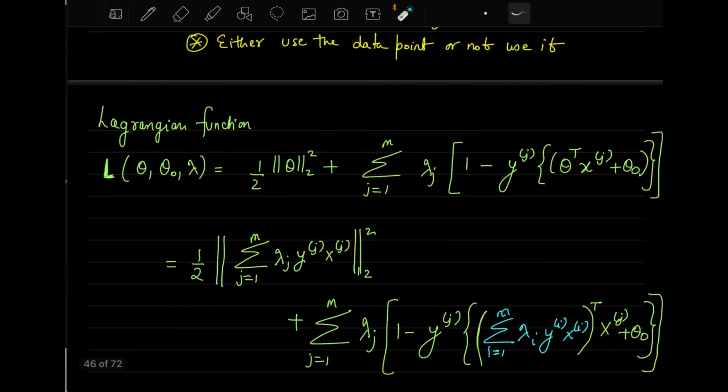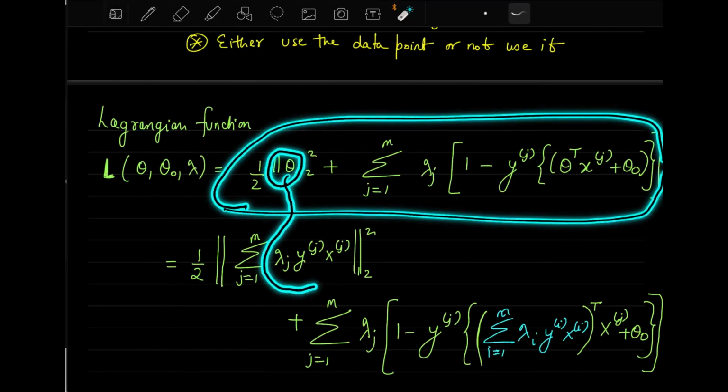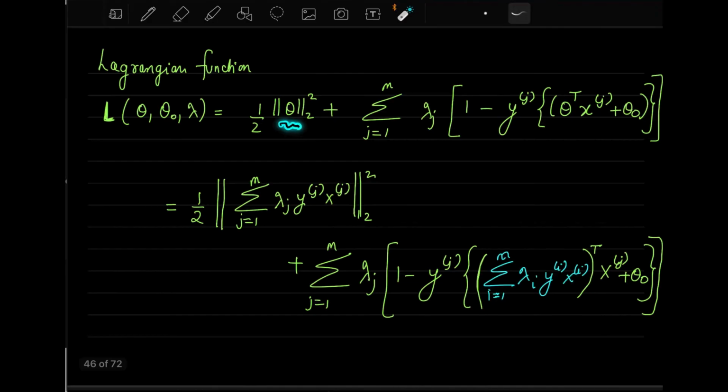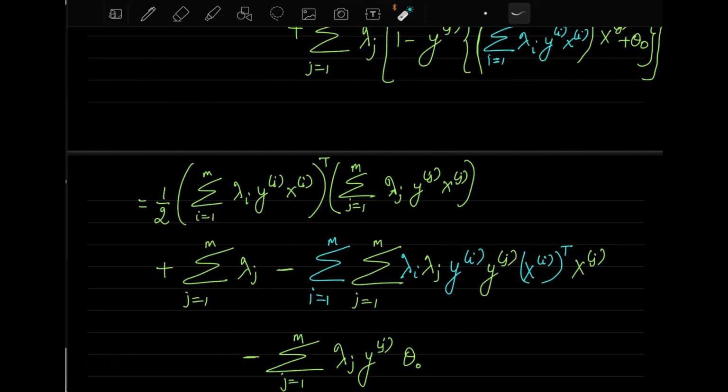This is the original Lagrangian equation that we have, and I am replacing this theta by the value of theta that we obtained just now, shown over here in blue. It is just substitution. You are replacing the values of theta by the corresponding values that you obtained just before. This is the one you got for this particular theta, and this is the one you got for this particular theta. And if you do some manipulations, as you can see here, I am doing some manipulations here.